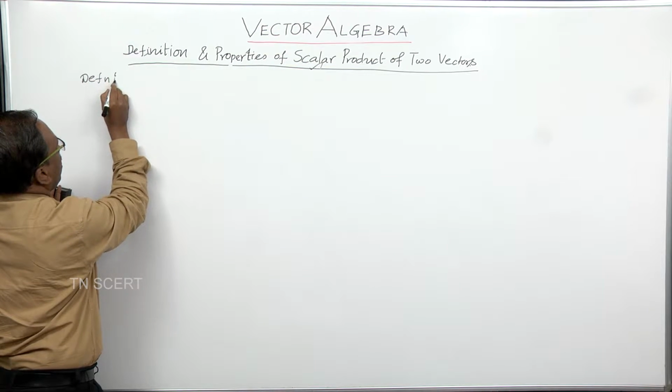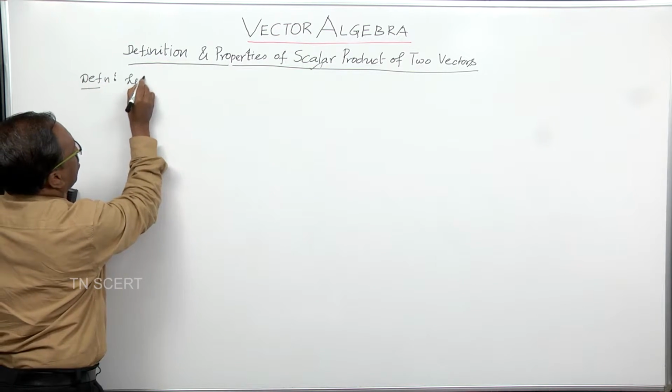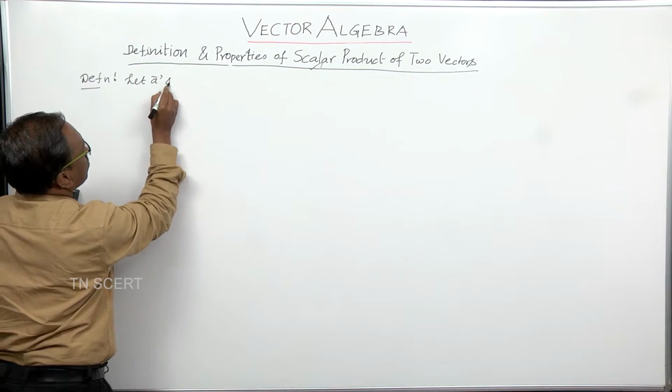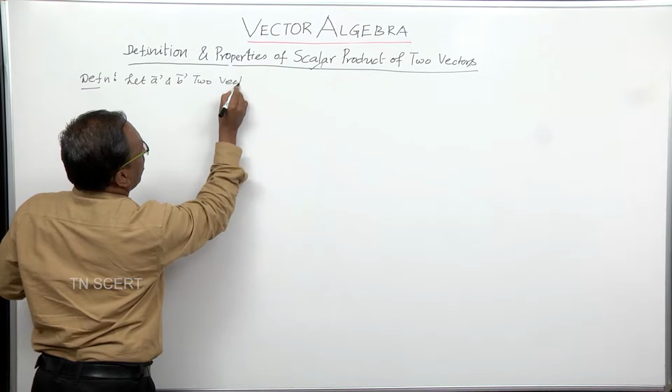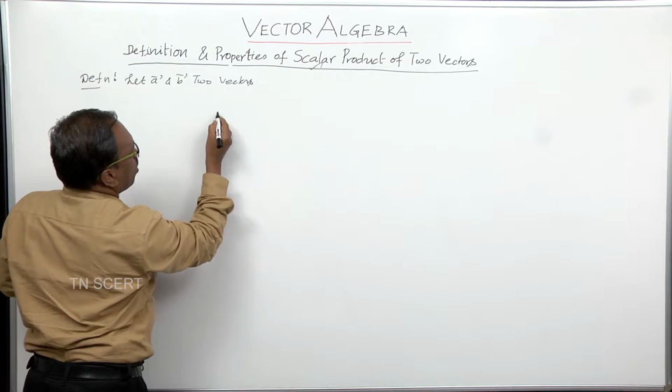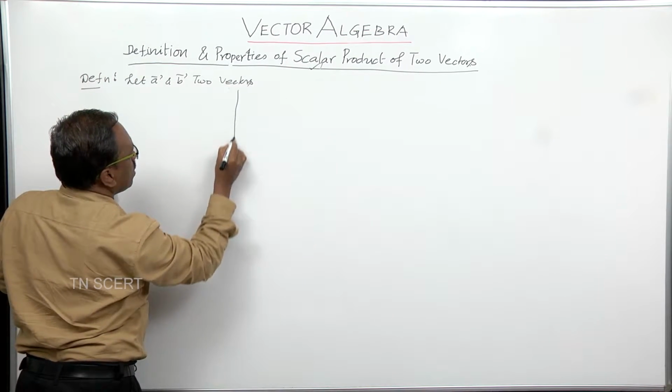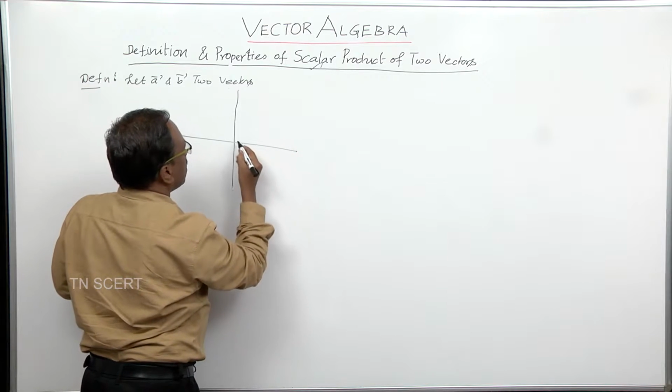Definition: let A and B be two vectors. Let me represent those two vectors. First of all, it will be like this.